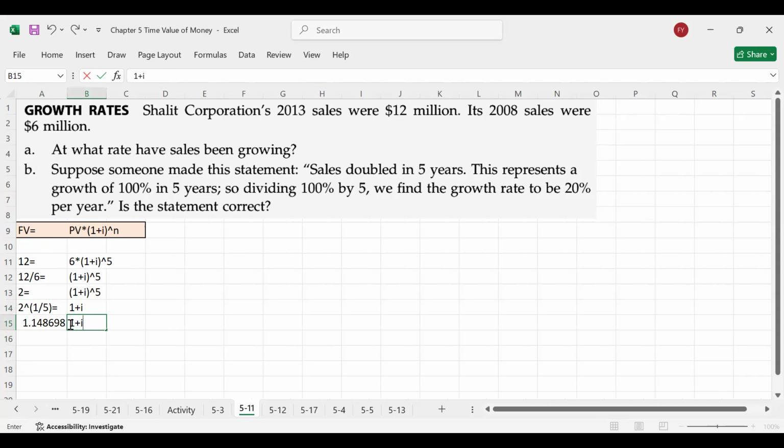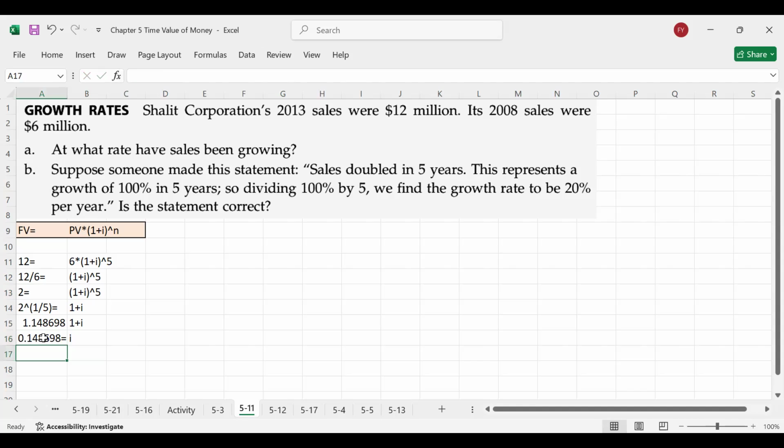So we will deduct this one from this. By subtracting 1 from 1.148, we have 0.148698 as your interest.